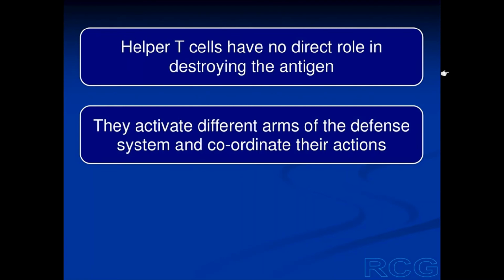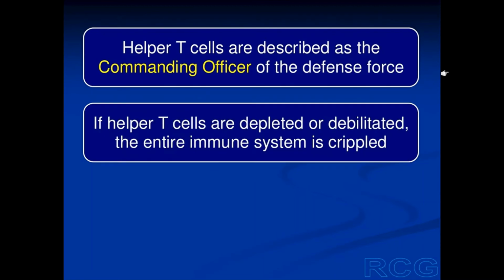They activate different arms of the defense system and then coordinate their actions. The helper T cells are described as the commanding officer of the defense force. If the helper T cells are depleted or low in amount, then the entire human immune system is destroyed.